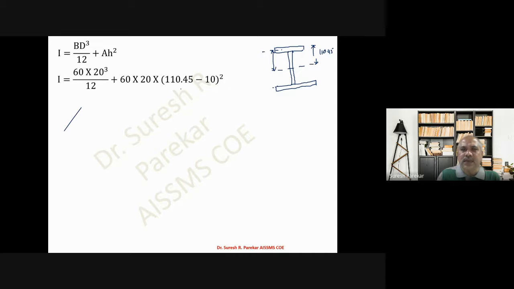So this comes 110.45 minus 10 BD cube by 12. Then second we have that is 150. So if we will see from top, we have that comes total 150. So we have this at 75 center of this, and this is 20, so 95. So this distance we have to go for, which will be 110.45 minus 95.